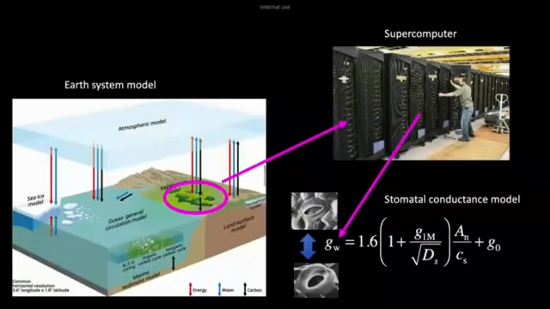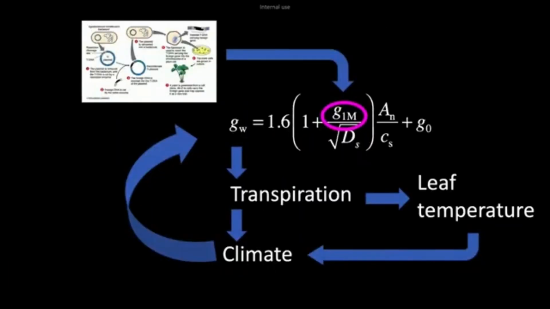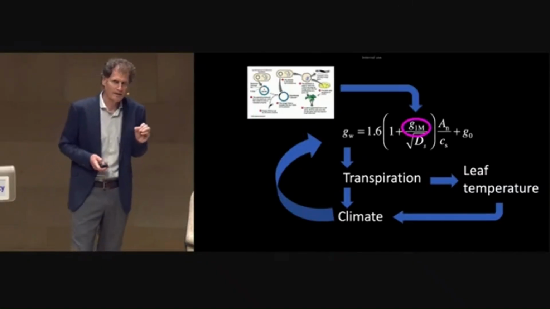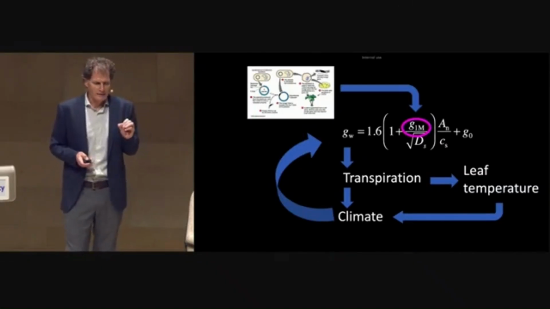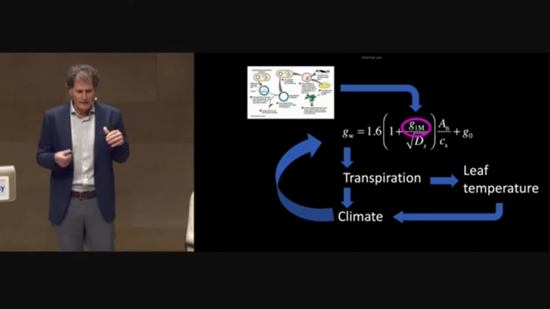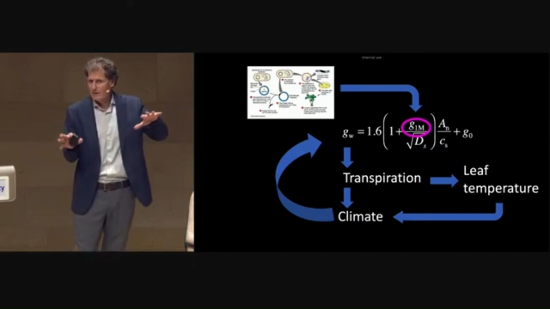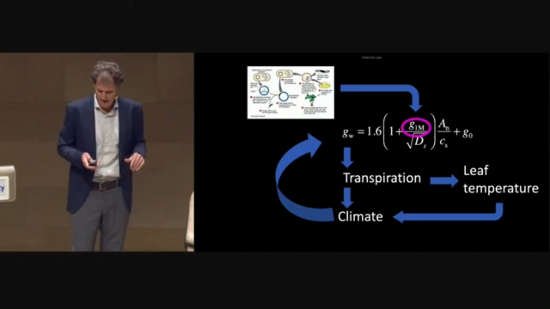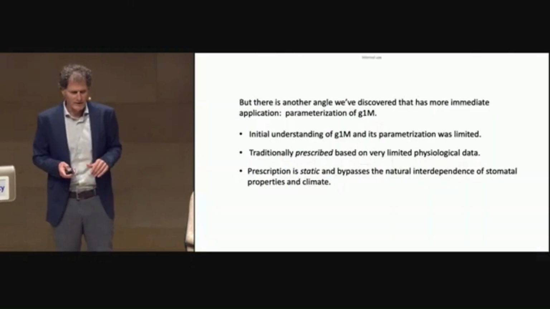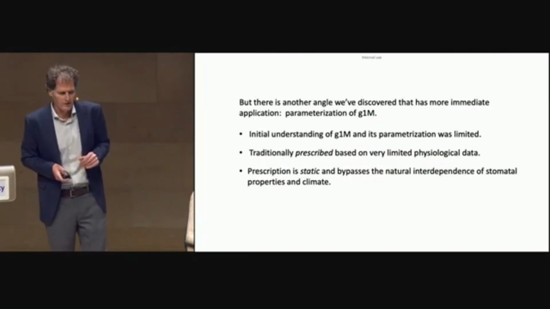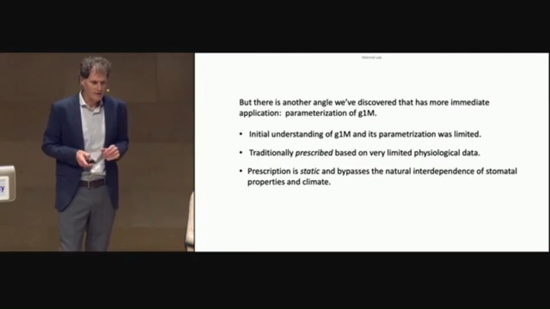Most of the parameters in that model, all of them except one, are either climatic variables or biological variables. But there's one in particular, and this is a common feature of many models, which is a parameterization factor. The way that we currently parameterize that model to account for the differences in different types of vegetation around the globe is we change the value of that G1 constant.